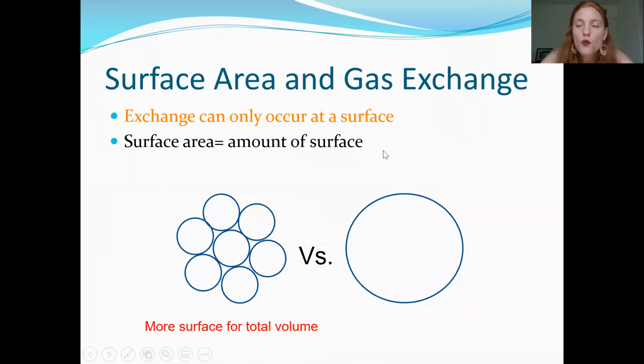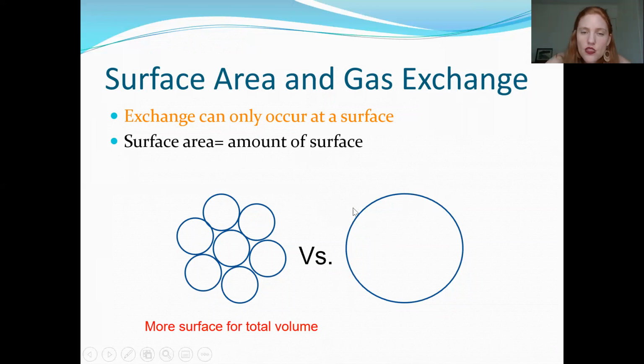That exchange is going to have to happen at the surface, at the boundary of the alveoli. If you have one giant alveolus, you can only do exchange at the boundary between the alveolus and the blood.